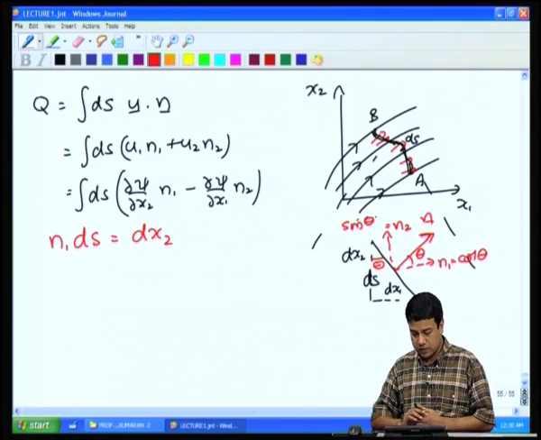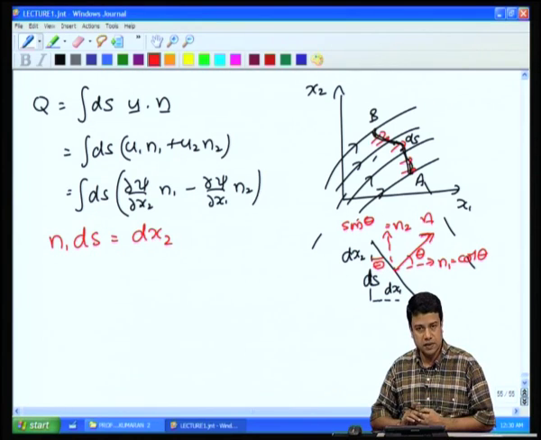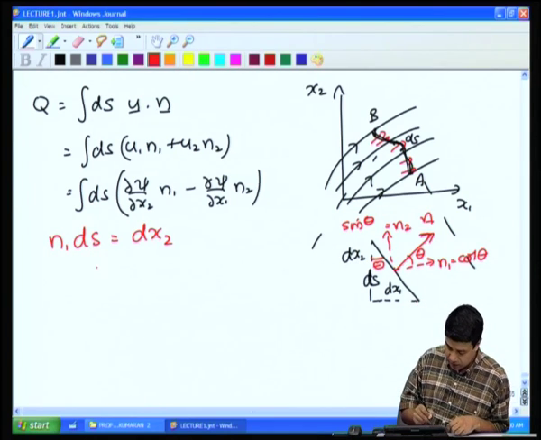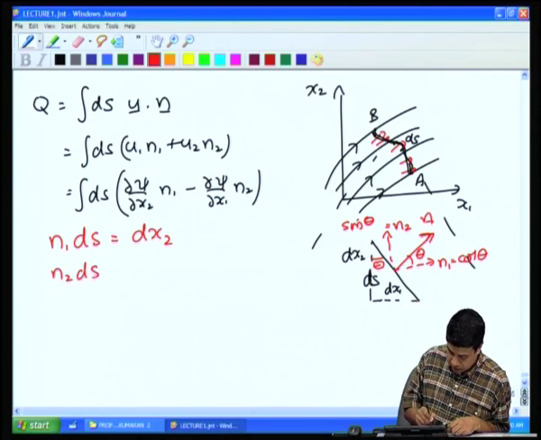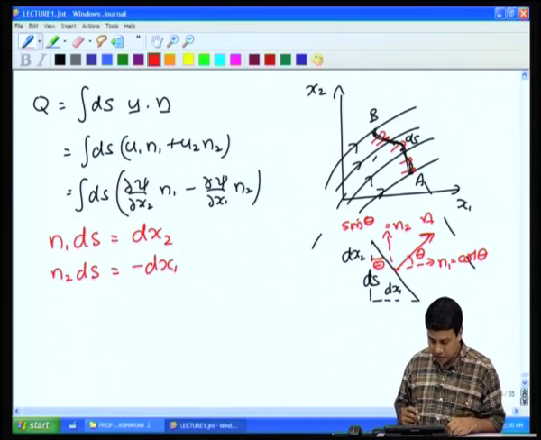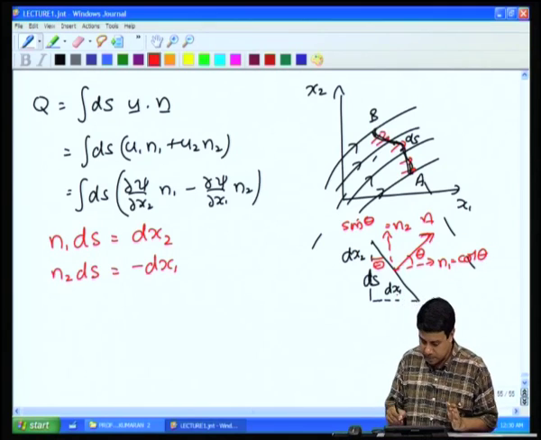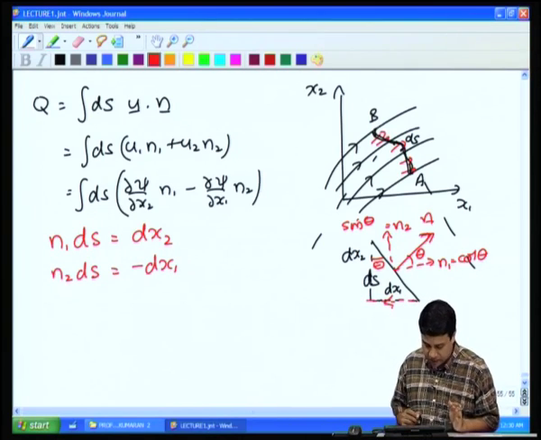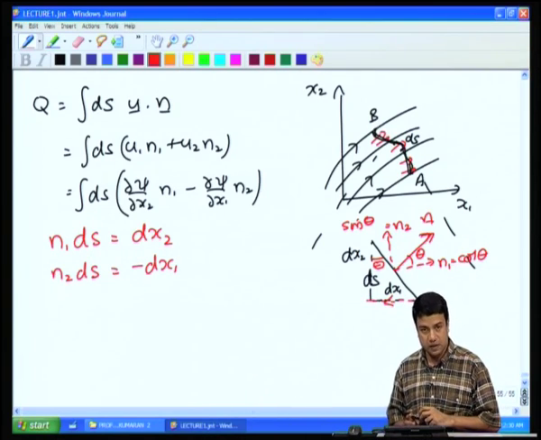n2 is sin theta and n1 is cos theta. So, n1 ds is equal to dx2, and n2 ds will be minus dx1, because when n2 is positive, the displacement in x1 is in the negative direction. So, n2 ds is equal to minus dx1.